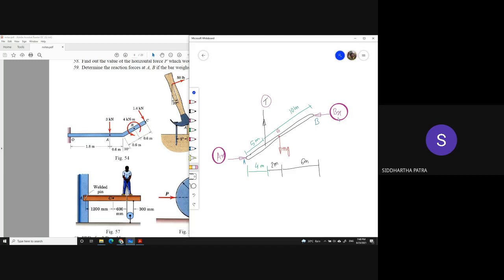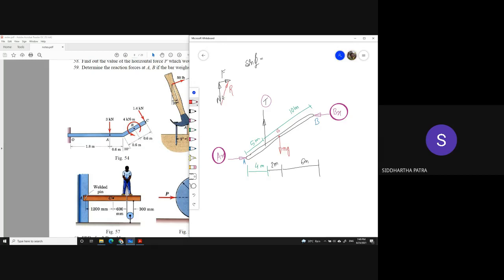The normal forces represent the resultant force. See, one more thing I'd like to mention. Let's say sine phi, where phi is the angle of friction. Let's say there is a normal force, and then there is a friction force, and together they make the resultant force.